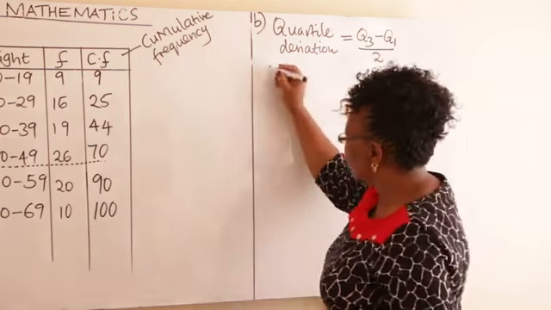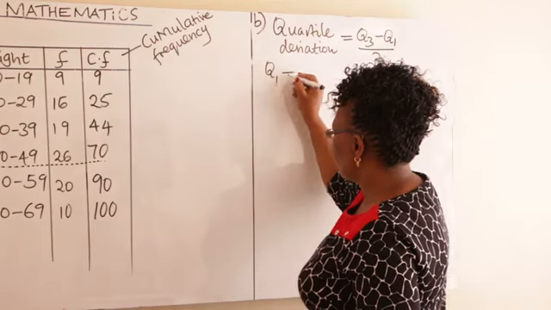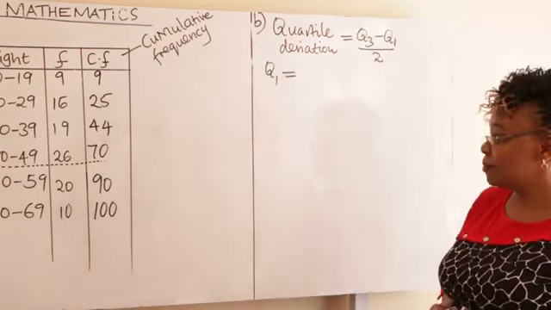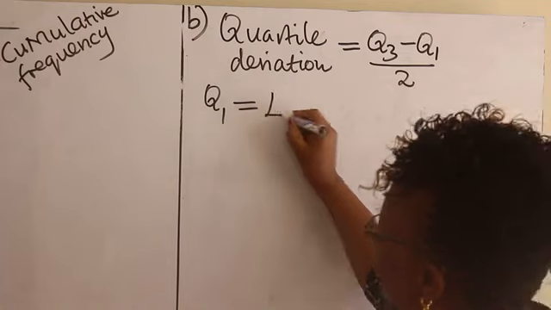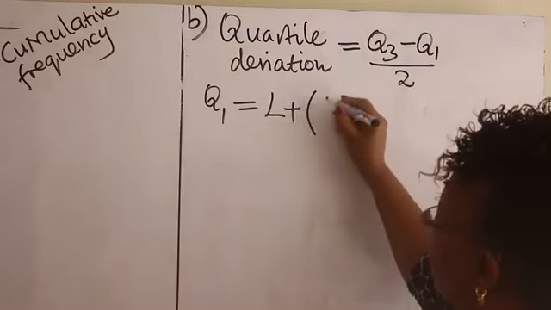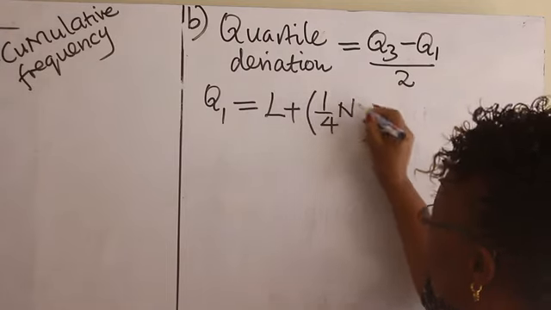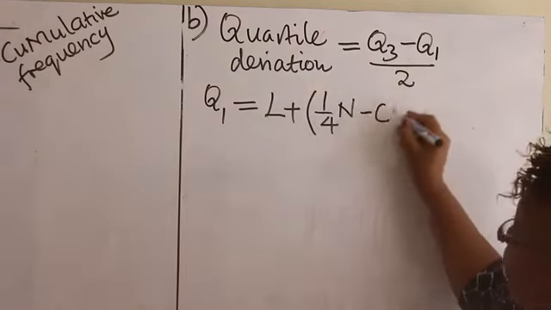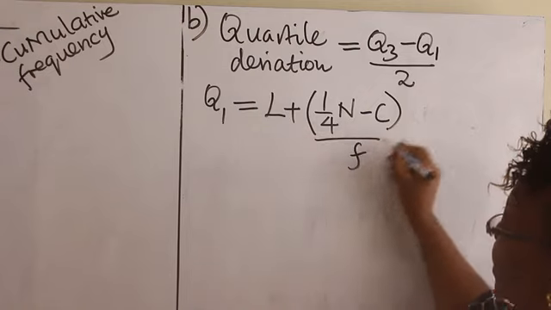So let us work out Q1, our lower quartile. We said it is got by the formula L plus a quarter of n minus C divided by F times i.